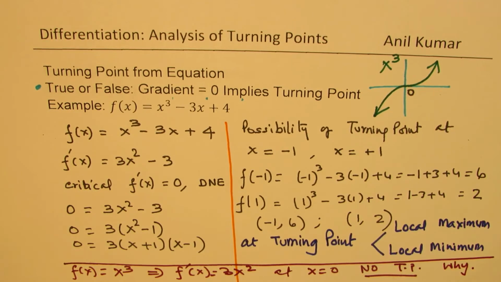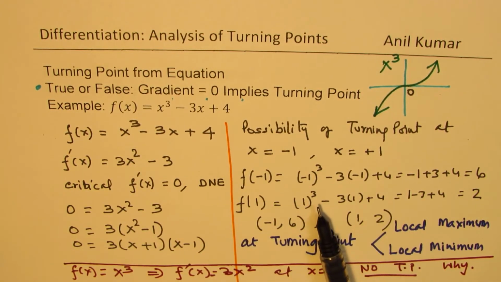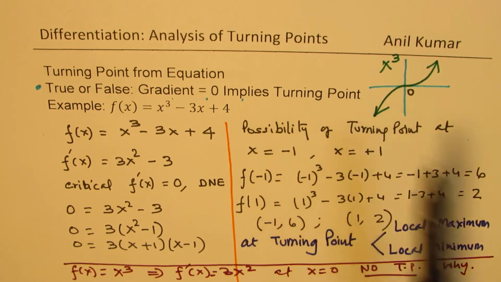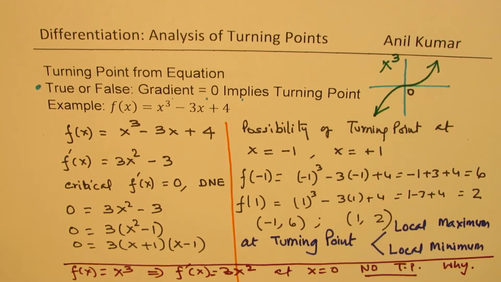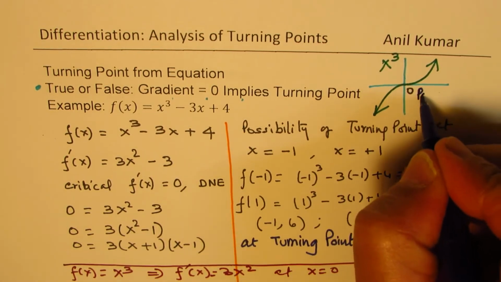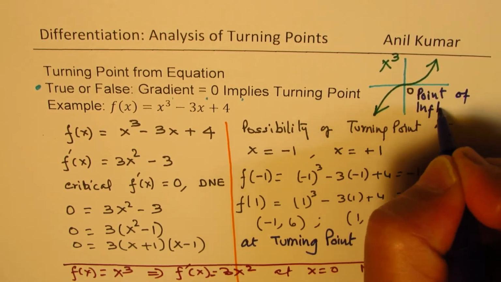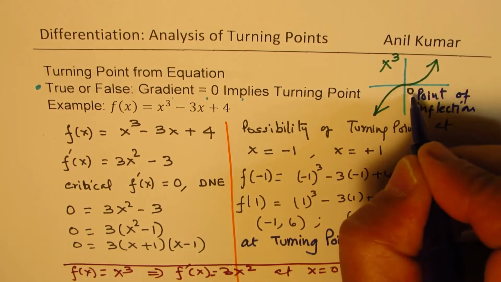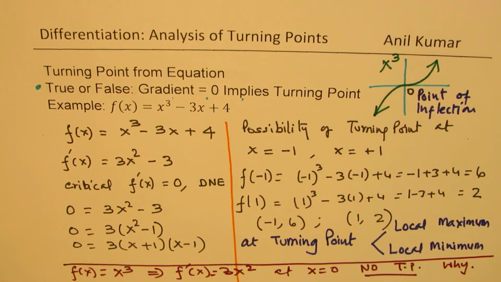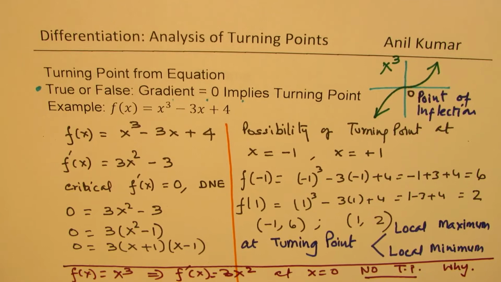So remember that always when we have a critical number, it is not necessary to have a turning point, right? We could have what we call a point of inflection. Correct? Perfect. So let's move forward, analyze our critical number, and then conclude about the turning point.